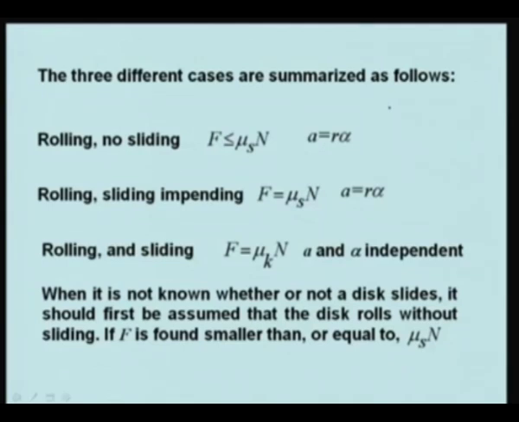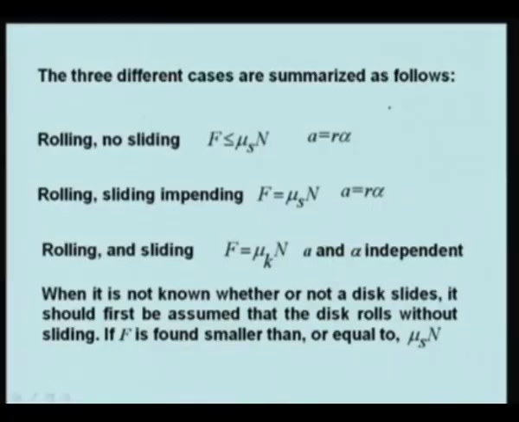In that case, F will be exactly equal to mu s times N, and you will have A is equal to r times alpha, where alpha is the angular acceleration and r is the radius of the disc. Then you can have the third condition in which rolling and sliding both take place simultaneously.